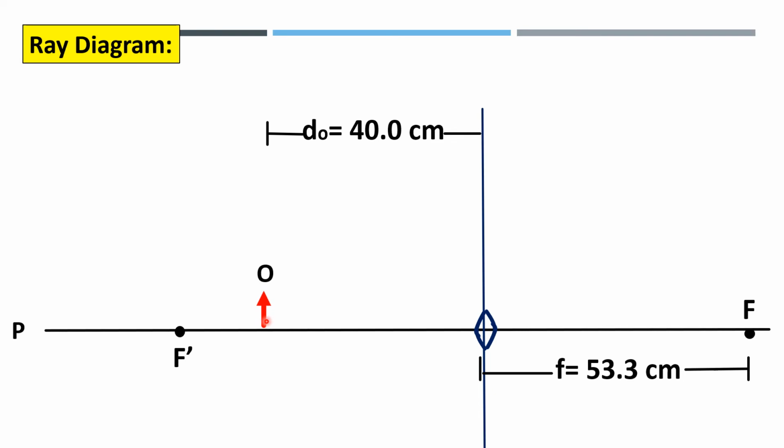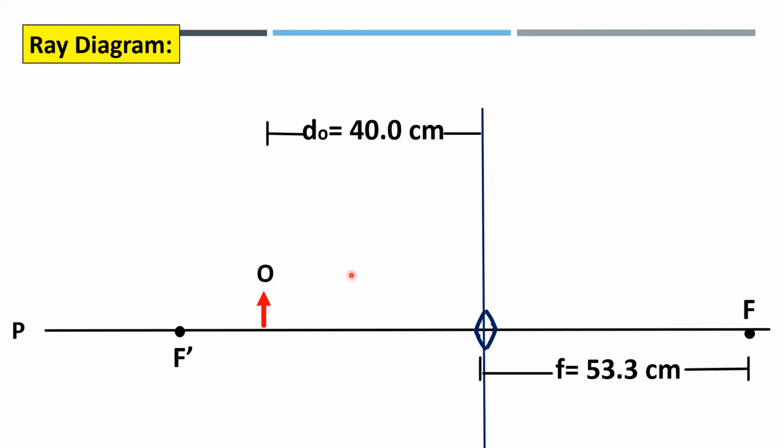As is now, the object is assumed to be upright, and the size is as shown by the length of this arrow. In our problem, it was specified how many centimeters is the height of this object.